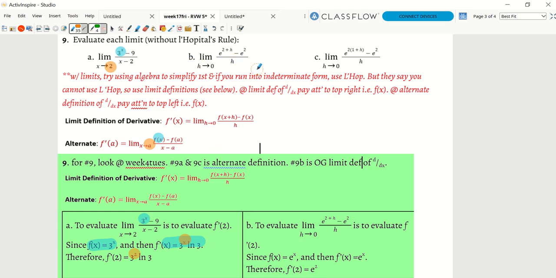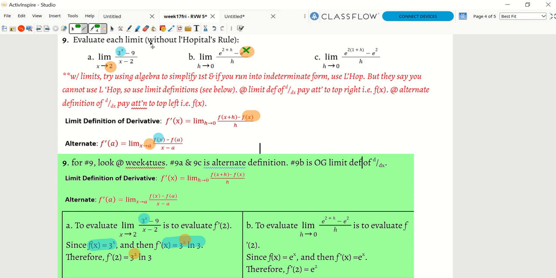Now let's look at B over here. B, again, we're using the traditional limit definition of a derivative. Okay, so now we pay attention to the top right. Our top right function is this, and it used to be an x, okay? That's our actual f of x, but then they substitute in a 2. So there's just some hidden information, some stuff they tried to hide.